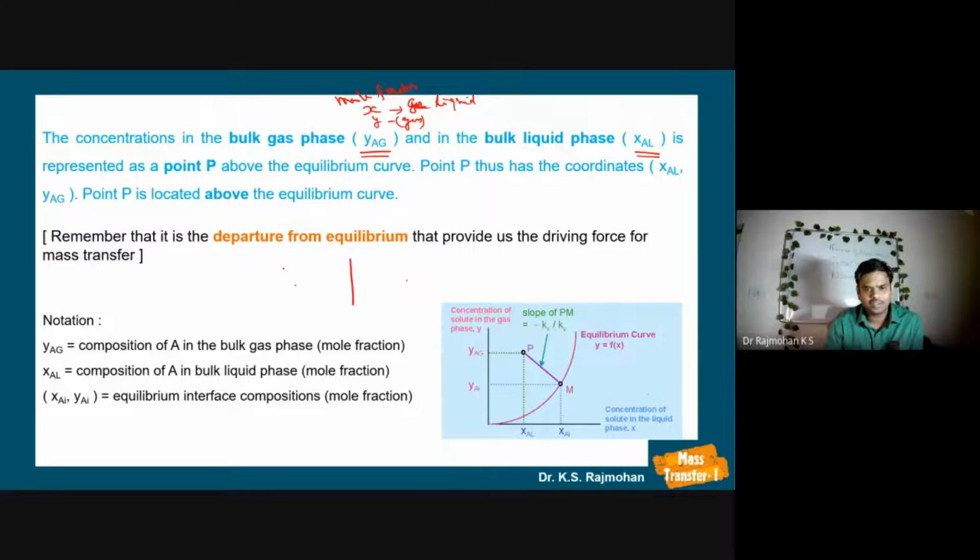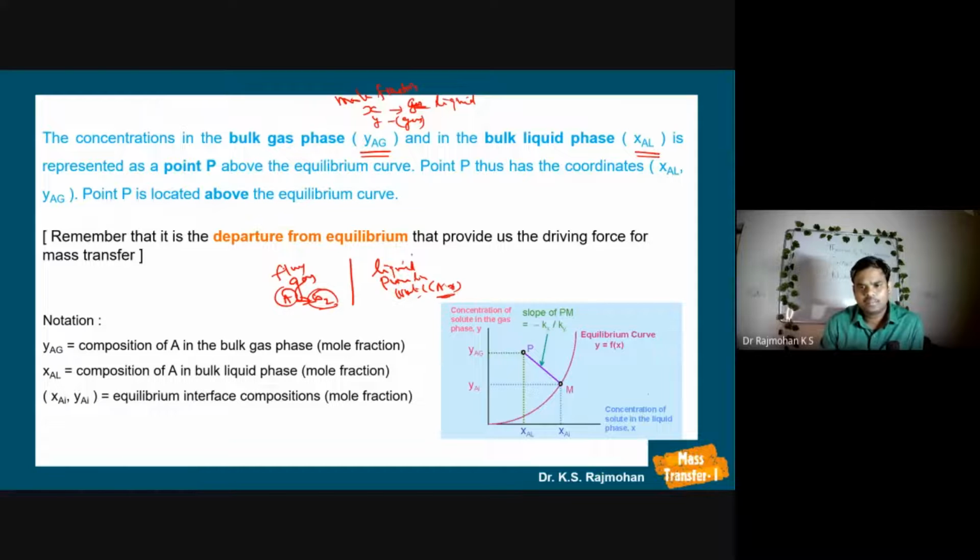For example, if flue gas is there, we can find out how much SO2 this flue gas contains by analysis, proximate analysis, and so on. Similarly, if it is a pure liquid like water, how much solute A is present in it can always be determined. Concentration can be determined using various techniques by measuring one of the physical properties. Sometimes titration methods can also be used to measure the concentration.